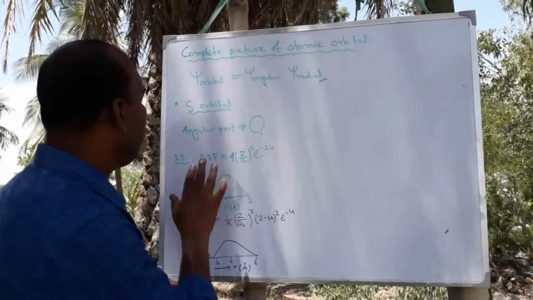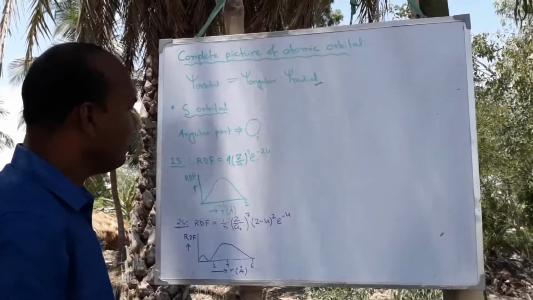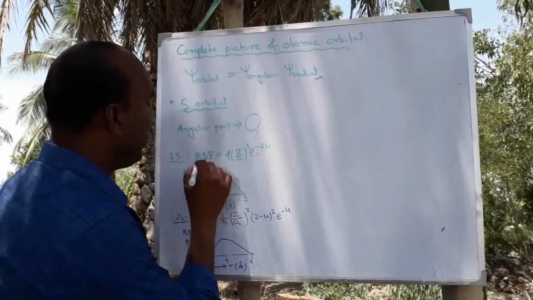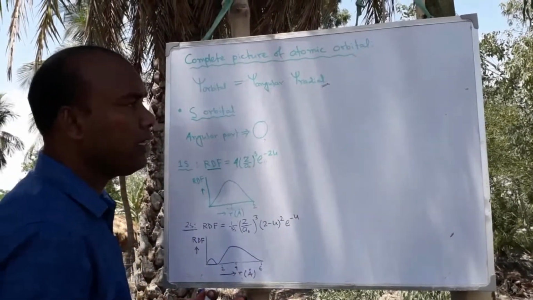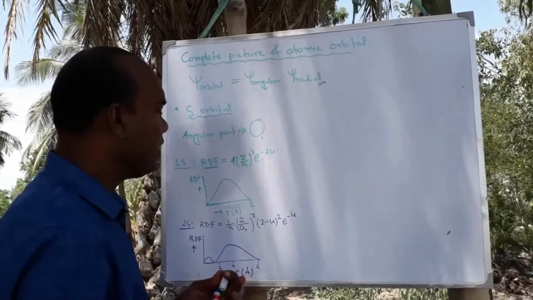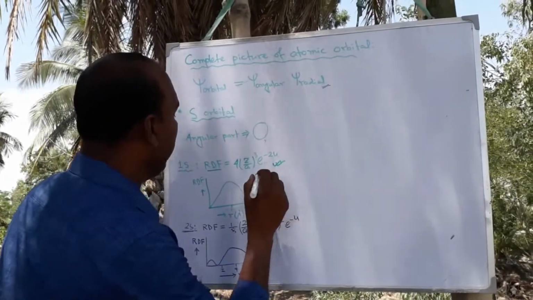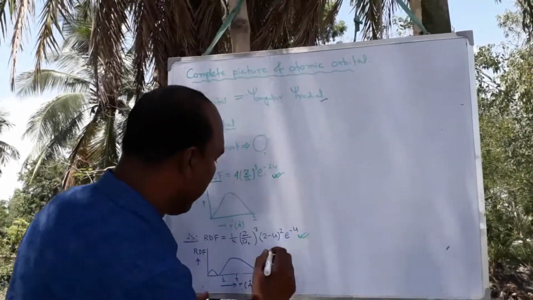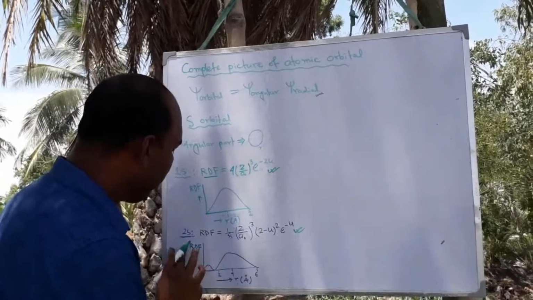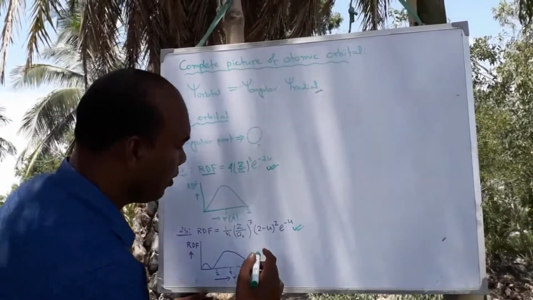Now if you consider the 1s orbital and 2s orbital, you know from the RDF versus R plot the electron cloud density at different radial distances for 1s and 2s orbital. This is the expression for RDF of 1s orbital, and this is the expression for RDF of 2s orbital. Look here.